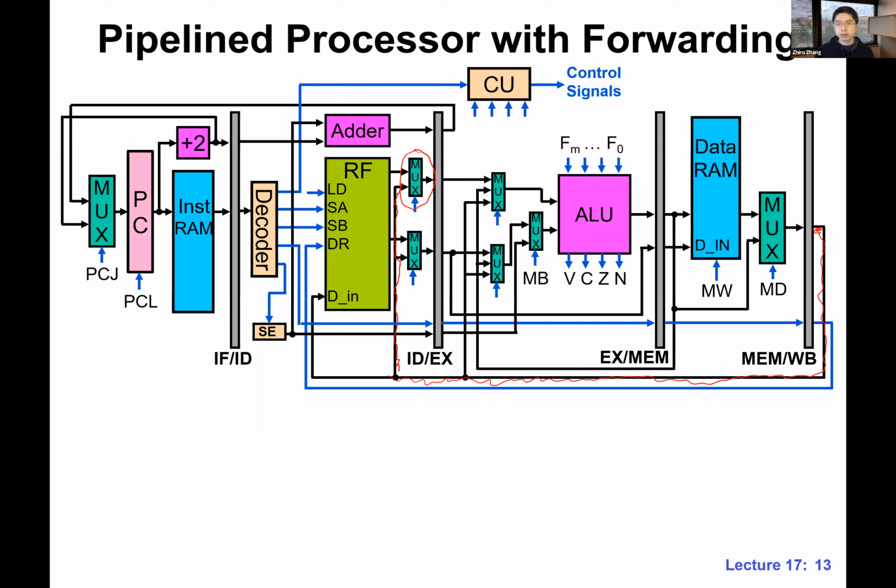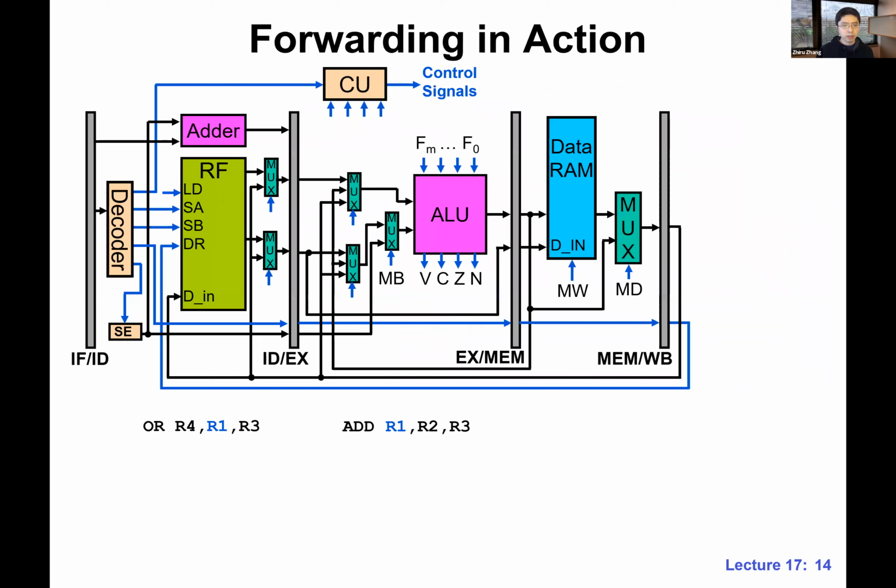Hopefully this makes some intuitive sense. We're going to look at some concrete examples pretty soon. Maybe let's just look at one right away. This is the one that we just discussed. Over here, I'm assuming that the add is already in the pipeline. Right now it's in the EX stage, and OR is in the ID stage. So when does the data hazard occur? It's going to be the next cycle. When we execute OR in the ALU stage, that's where we need to trigger the data forwarding.